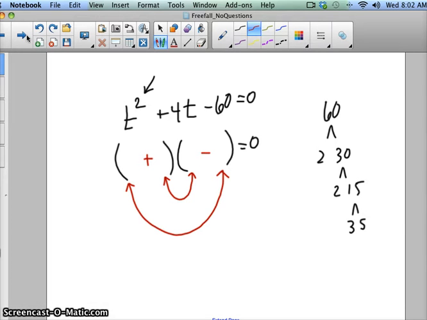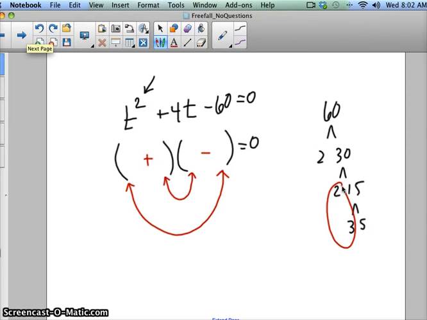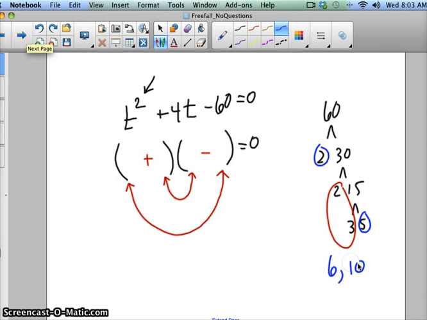So let me think about that for a minute. 3 times 2 is 6, right? And 5 times 2 is 10. So 6 and 10, when multiplied, will give me 60.